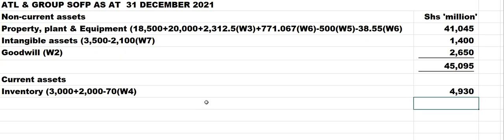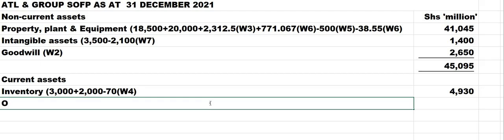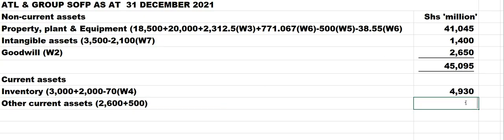Then you have other current assets. The parent has 2,600. Then the sub has 500. You add them. That gives you 3,100.